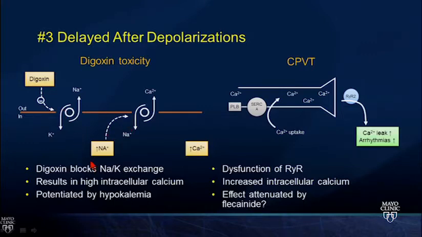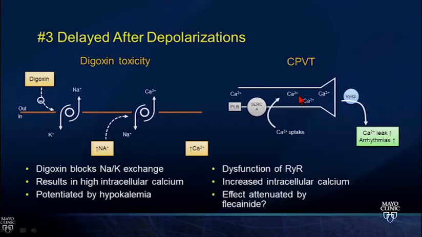And because of the extra sodium inside the cell, now the sodium-calcium exchanger is activated and the calcium gets into the cell, starting off that depolarization. Now, hypokalemia is one electrolyte abnormality that exacerbates the effects of digoxin on the sodium-potassium channel.